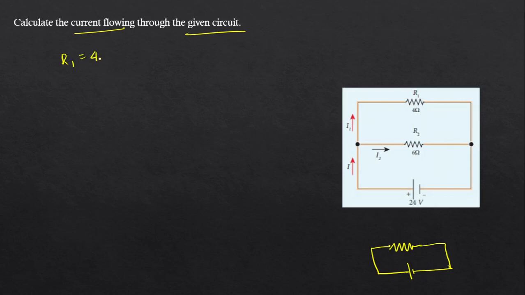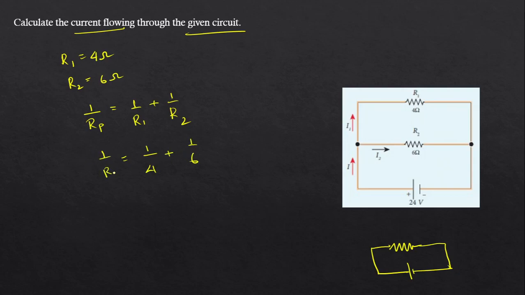R1 equals 4 ohm, R2 equals 6 ohm. For parallel resistance, the total resistance is given by 1 by Rp equals 1 by R1 plus 1 by R2. This will be equal to 1 by 4 plus 1 by 6. Next, we have to take the LCM between them.